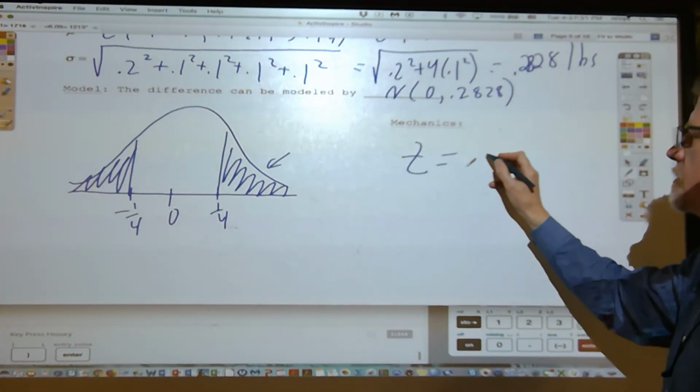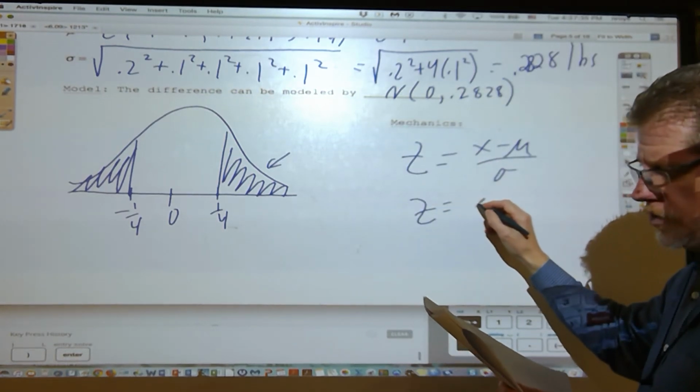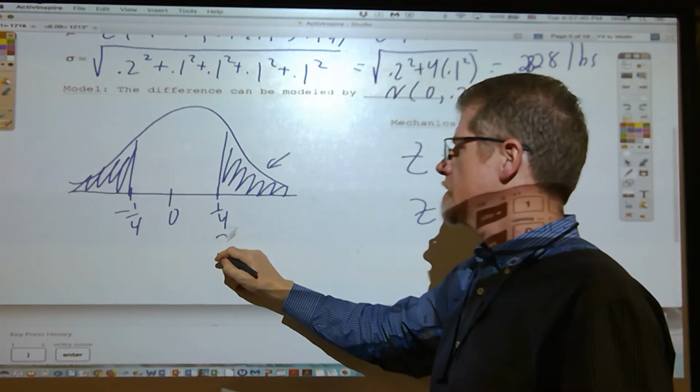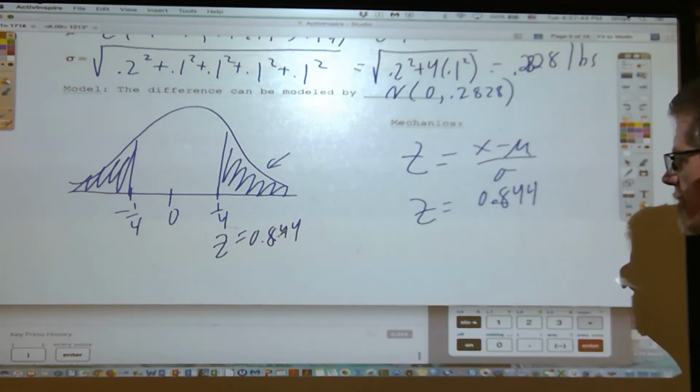So z equals x minus mu over sigma. When you do that calculation, you're going to get a z-score of 0.844. So here's what's new about this problem.